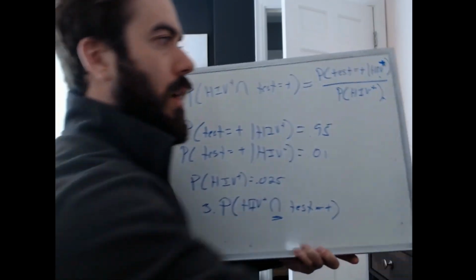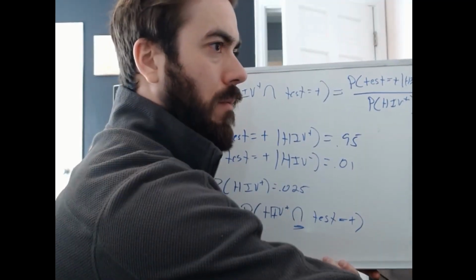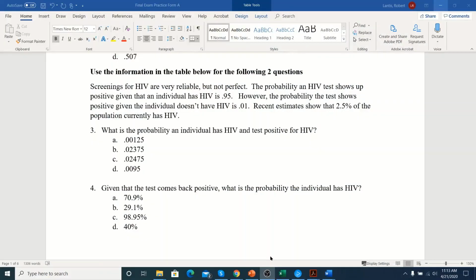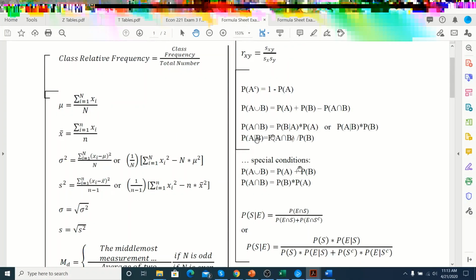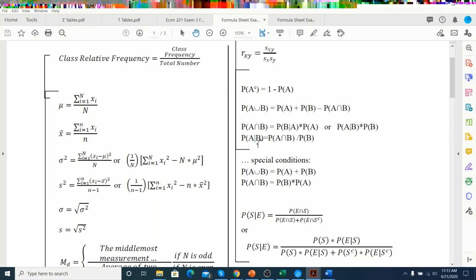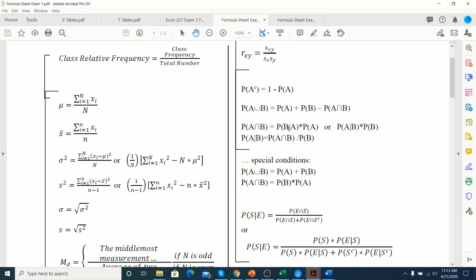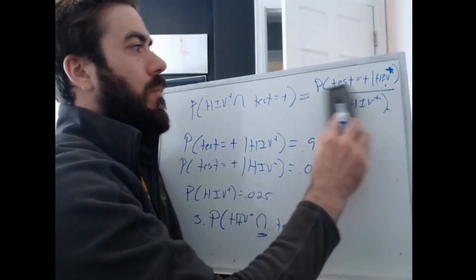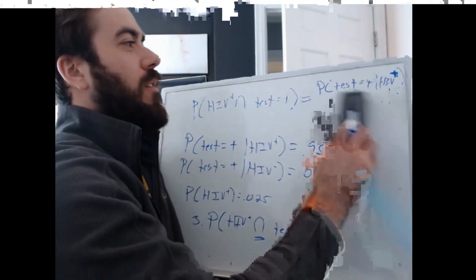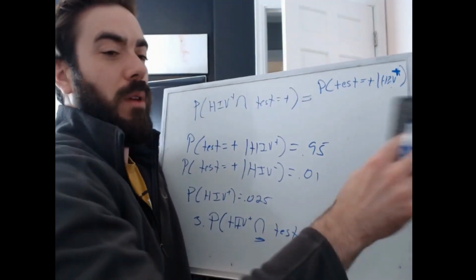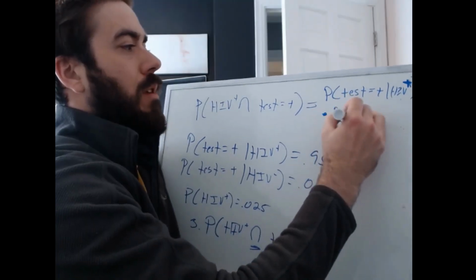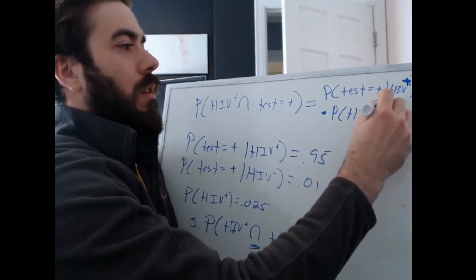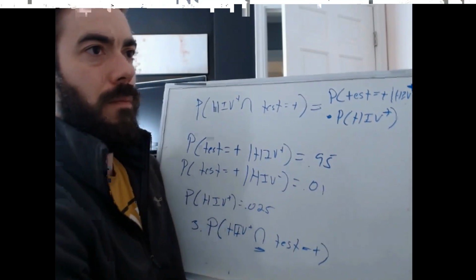All I did there was take my formula sheet. I knew I was working with this equation up here, and actually I wrote that down wrong, didn't I? It's not divided by, I just ran out of room. It's multiplied by. So this would be that conditional probability times the probability of what I'm conditioning on. There we go.